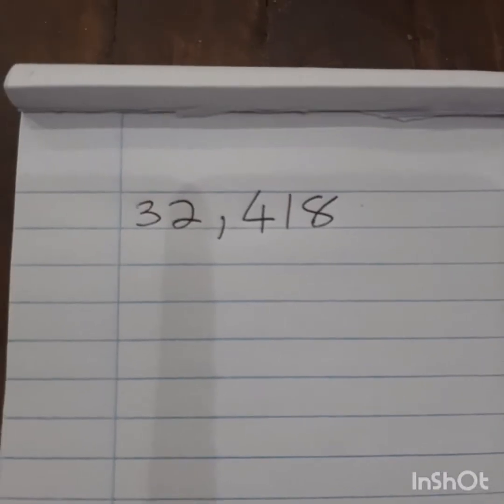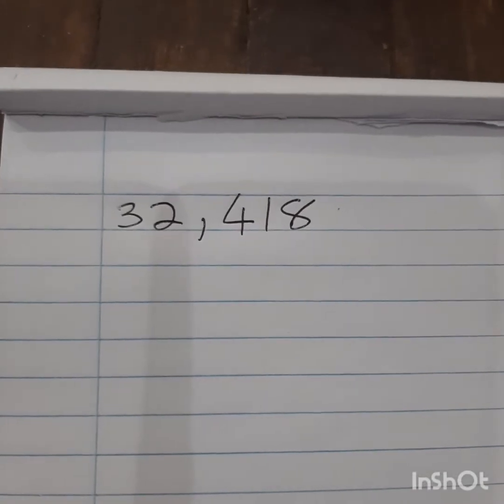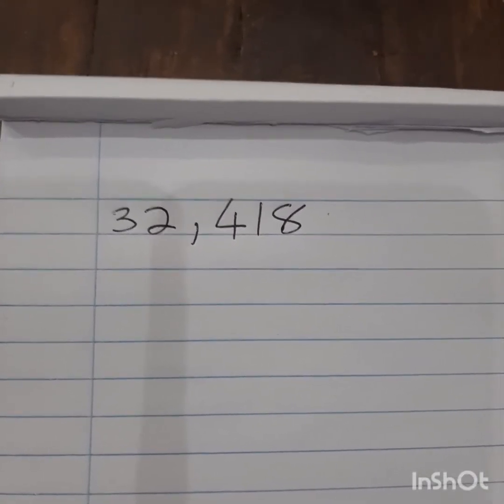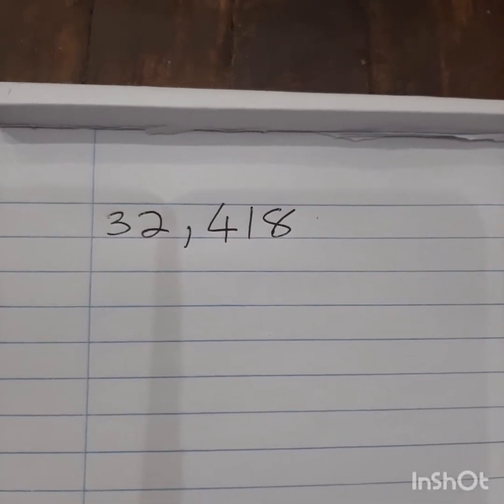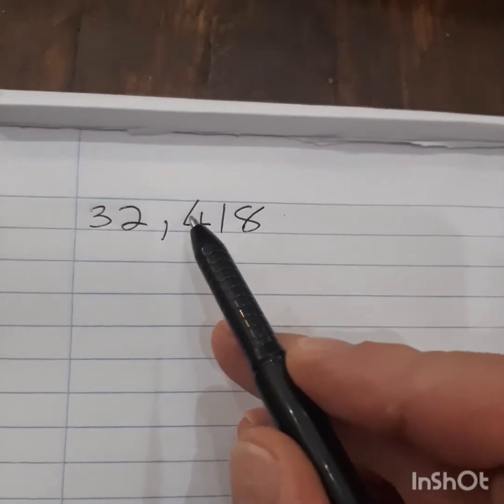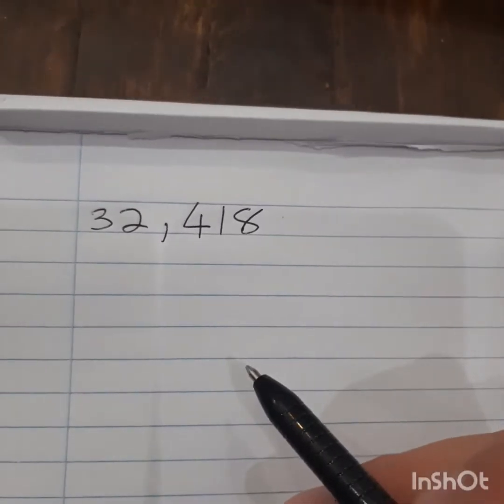So here we have a number, 32,418. Now that is a decimal fraction. So let's have a look at these numbers on the right hand side of the comma.